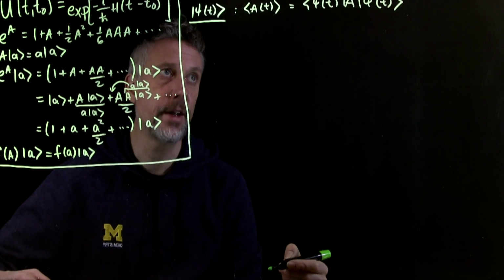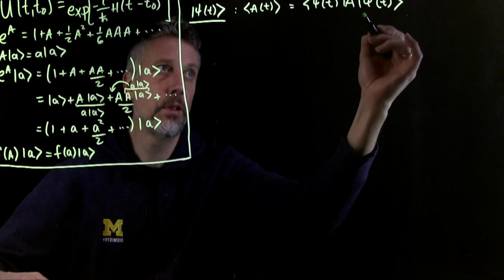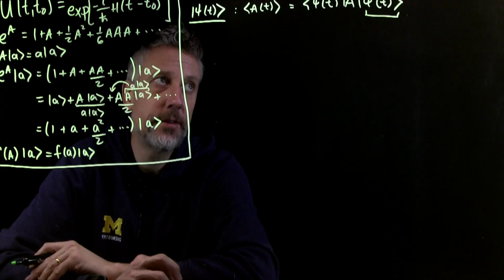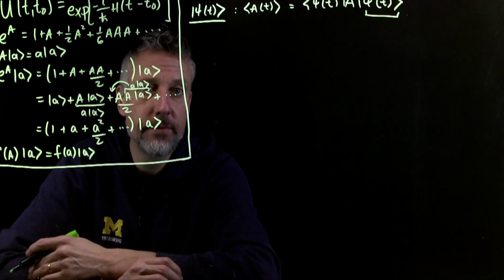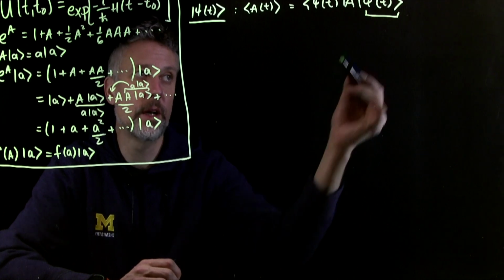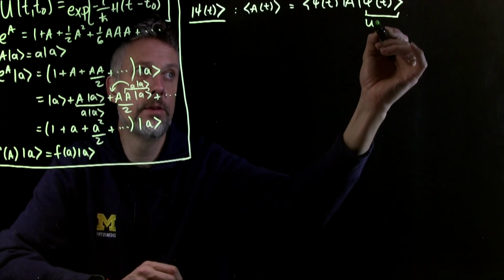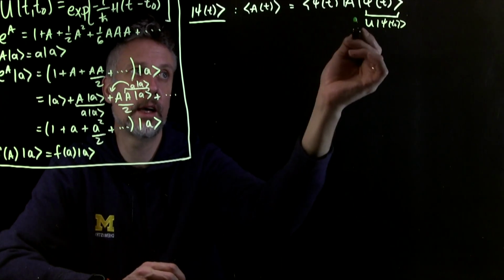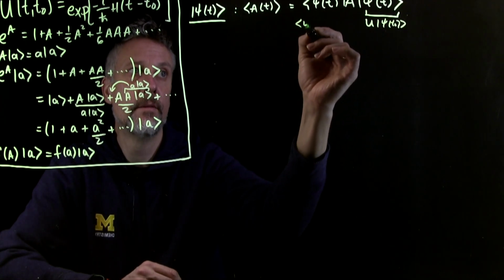That's the definition, right? Well, now what we can do is plug in a way to write psi of t, provided we know psi of t0 and the time evolution operator. So we're going to plug in U times psi of t0, and then plug it in on the left-hand side. Remember how we do this?